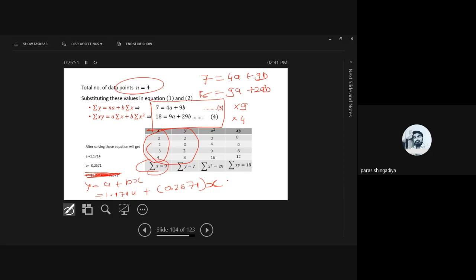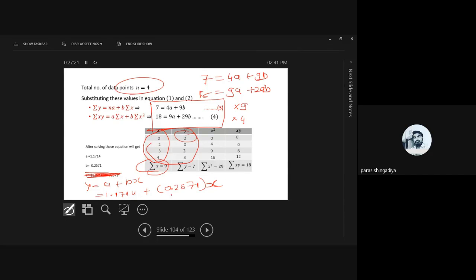Why is it called approximate answer, why is it not the exact answer? Because when we replace any point in this equation, we check whether it satisfies the equation. We put 0 there, first point is 0 and the output is 2 there, okay. y क्या है, 2 है; x क्या है, 0 है, ठीक है. तो put 0 in this equation, what is the output of y? y is equal to क्या होगा, 1.17 होगा, that is not equal to 2. आंसर क्या है, 2 है, ठीक है. फर्स्ट पॉइंट के लिए y का आंसर 2 है.